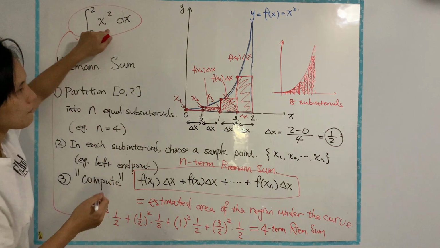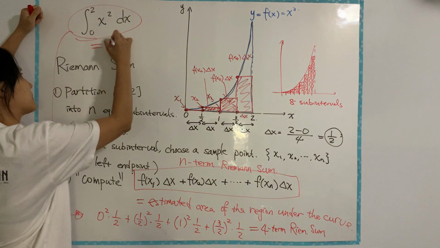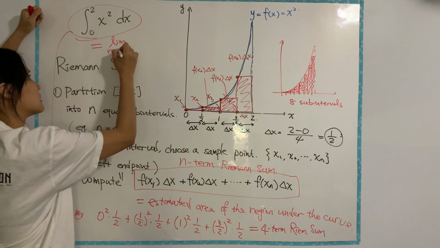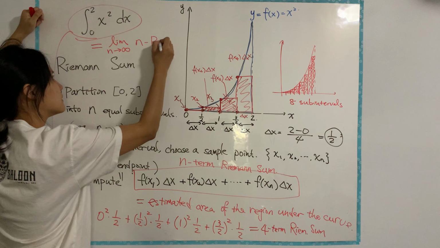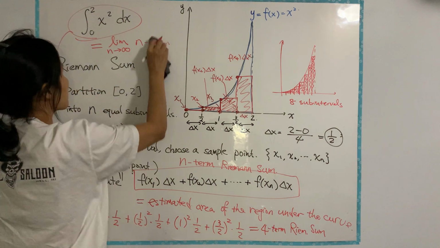So the actual area can be obtained by taking the limit of n-term Riemann sums.